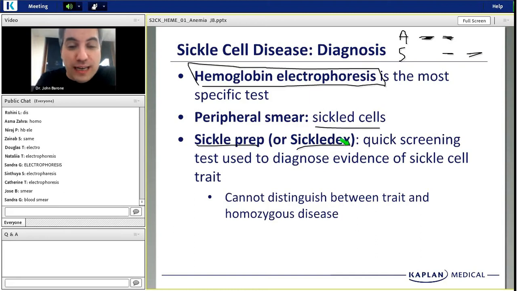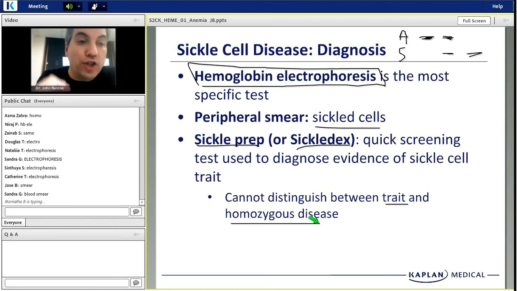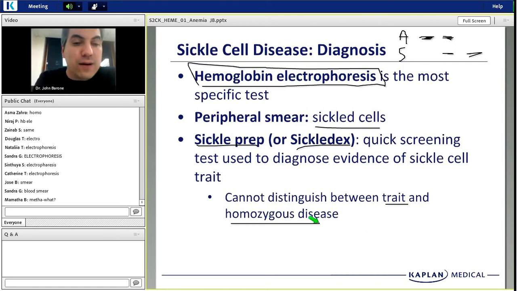If you got trait or if you have disease, your cells will sickle. I don't know which one you got, but I know you got one of them because normal blood shouldn't sickle when you take the oxygen away. So this is called a sickle prep or a sickledex test. And again, that's not something they'll ask on Step 2, but they'll ask it on Step 1.